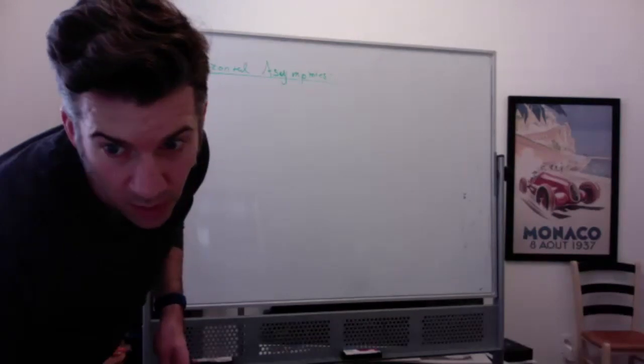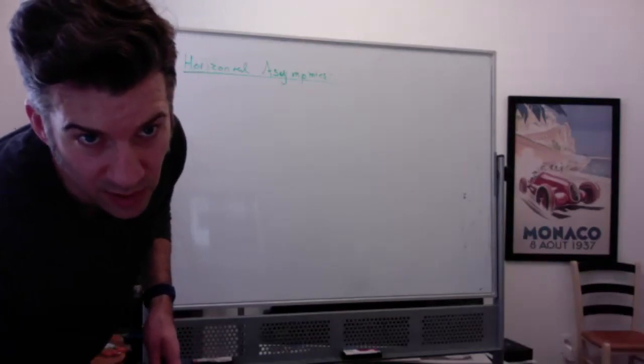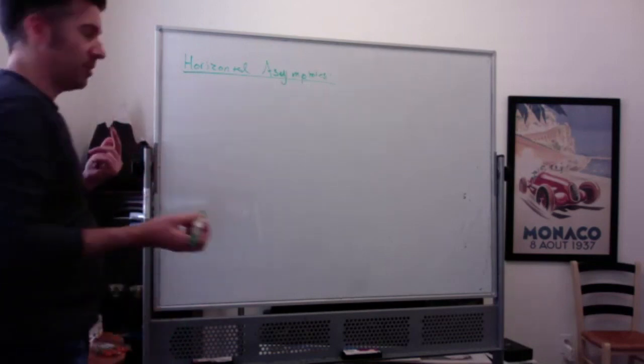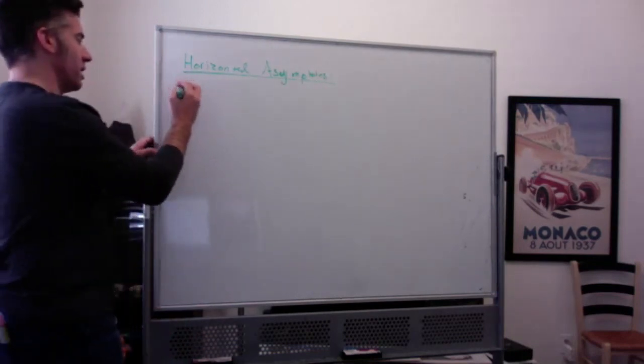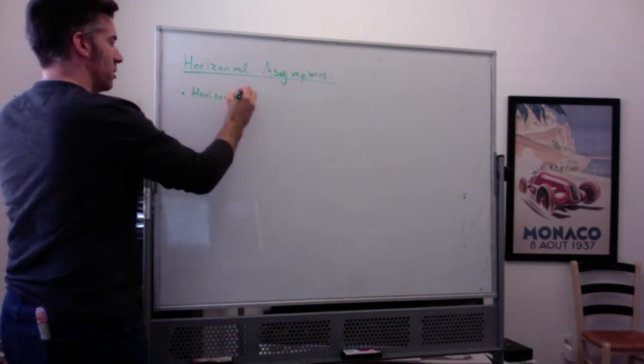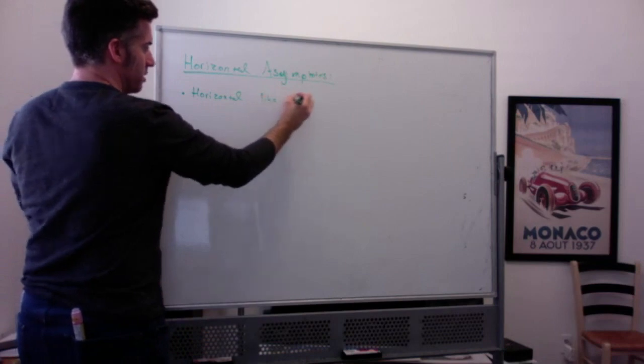So for horizontal asymptotes, you're not setting anything equal to 0. Instead, you have to compare the degrees on the top and bottom. A horizontal asymptote is a horizontal line like y equals c.